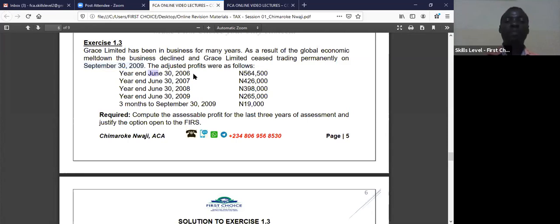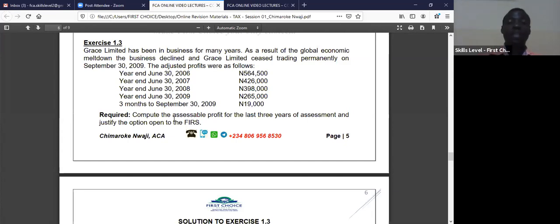Previously, the business was giving its account to June 30th every year. You can see the trend. It's June 30th every year. But now it could no longer give it to June 30th. This is not a change of accounting date, please. This is to say that the business ceased. And when the business ceased, nothing else comes under.